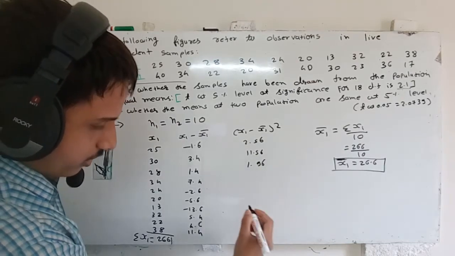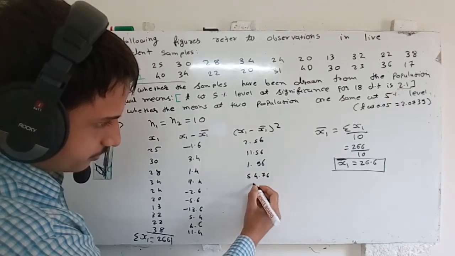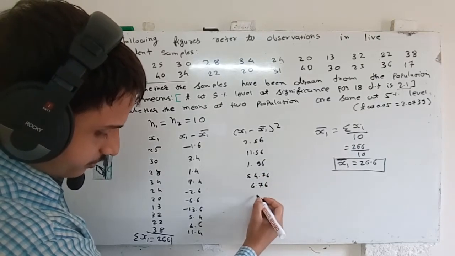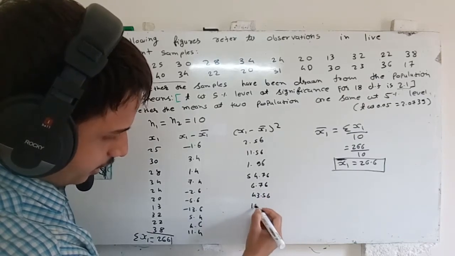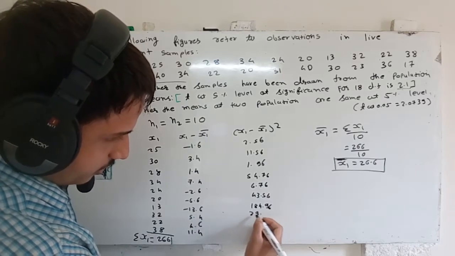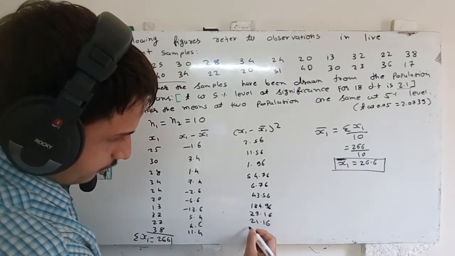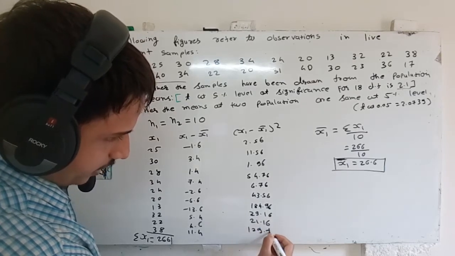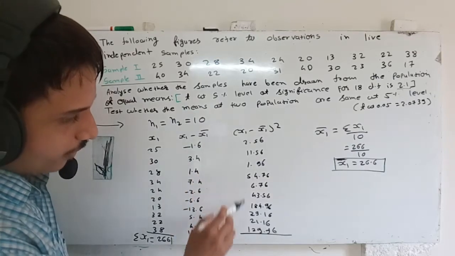I will write the entire column: 184.96, 29.16, 21.16, 129.96. Now you have to take the sum of all these values.